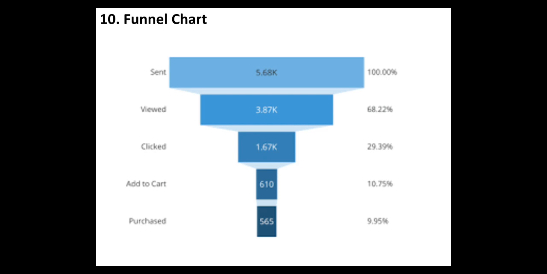That means first we consider 100%, then it decreases progressively and ends with a lower percentage, indicating how something drops out of the process at each step or stage.